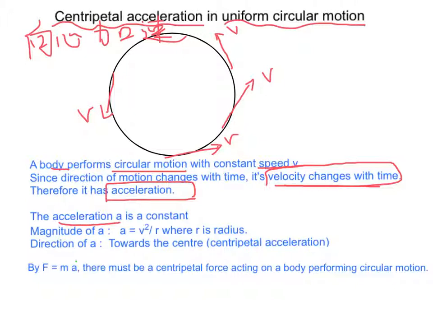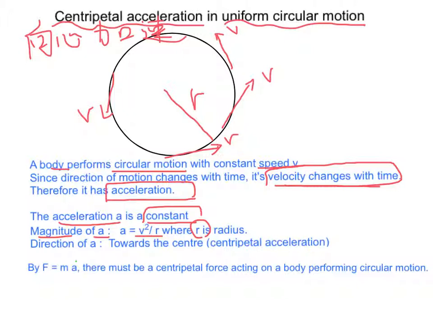In fact, the magnitude of the acceleration is a constant value, and the magnitude of a is equal to v squared over r, where r is the radius of the circle and v is the speed of the body.